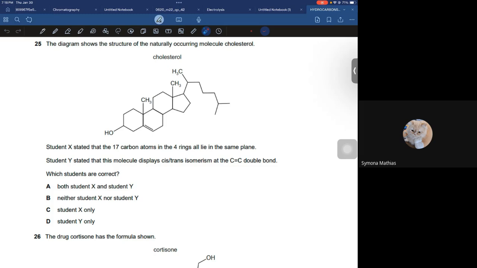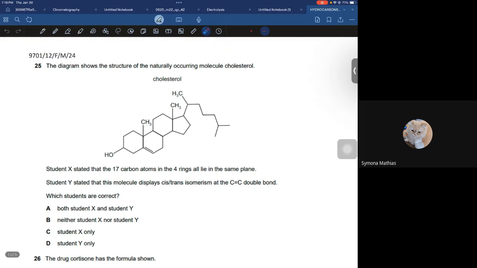But the thing is that the double bond is present in a ring. In a ring, cis-trans isomerism is not possible despite you having a double bond. So totally, student Y is incorrect.